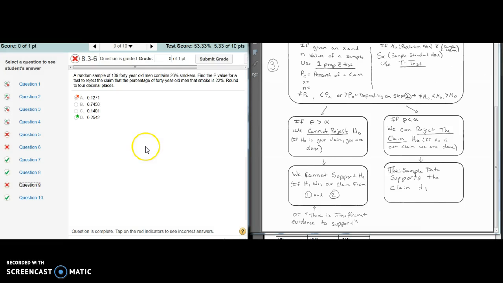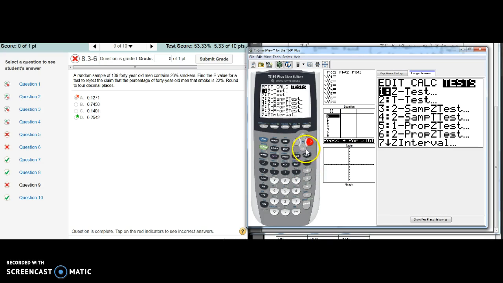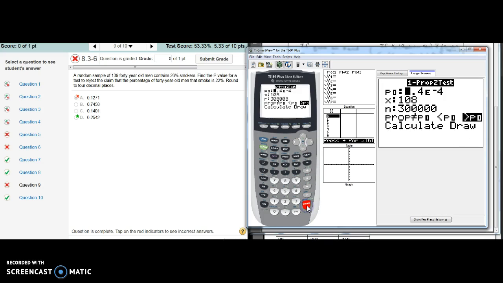And finally, number 9, let's take a look at this one. It says a random sample of 139 40-year-old men, 26% were smokers. Find the p-value for the test statistic that the claim that the percentage of men that smoke is 20%. So this time we're going to go to tests, and we're going to do the 1-prop z test, because we know that, what are we testing?